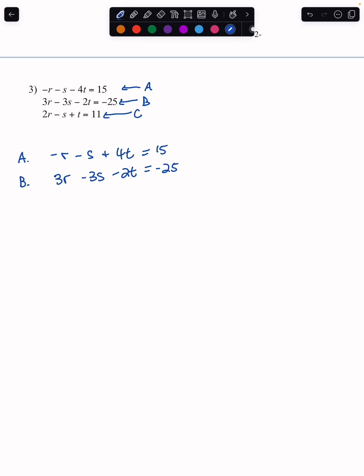You end up with negative 3r minus 3s minus 12t equals 45. And then on the bottom, we still got 3r minus 3s minus 2t equals negative 25.